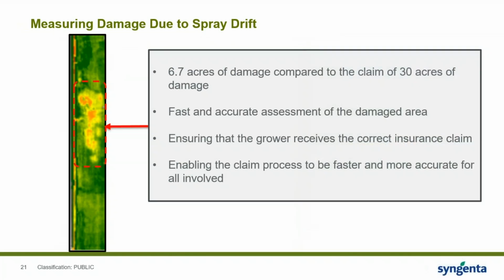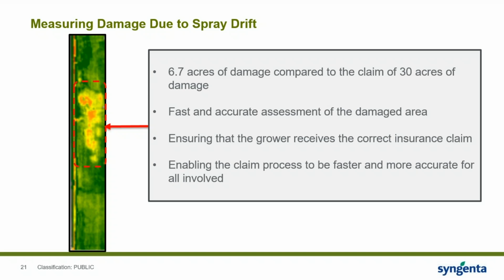And also, this can be used for instances such as spray drift. This was a case where spray had drifted from one crop across to a neighboring farmer's crop, and it was being claimed that there were 30 acres that had been impacted.